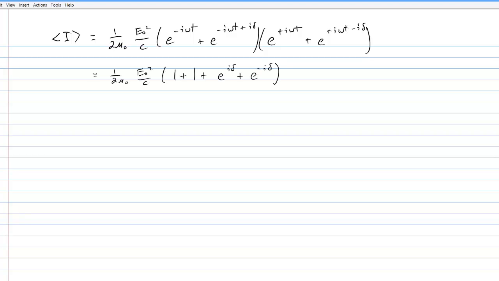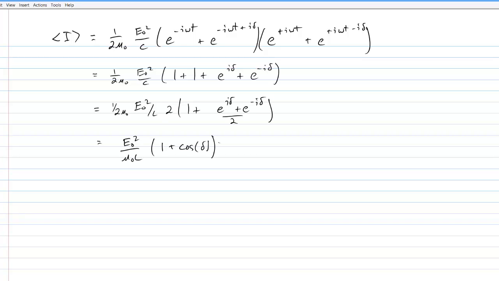Most of the terms drop out, and what remains can be grouped rather suggestively. Recall that e to the i something plus e to the minus i something over 2 is cos something. Note that I'm defining I0 to be the time averaged intensity of any single wave. So 1/2 E0 squared over mu naught c.